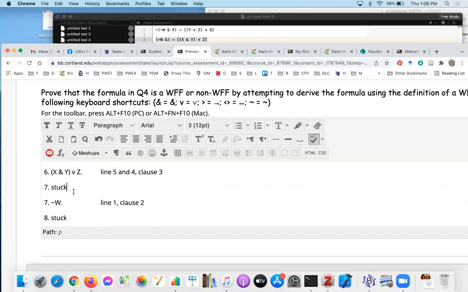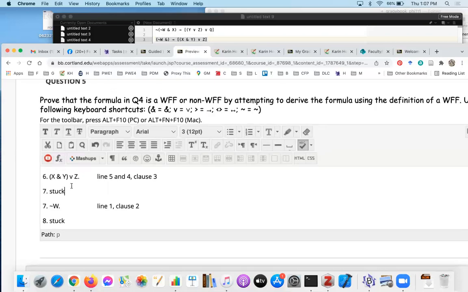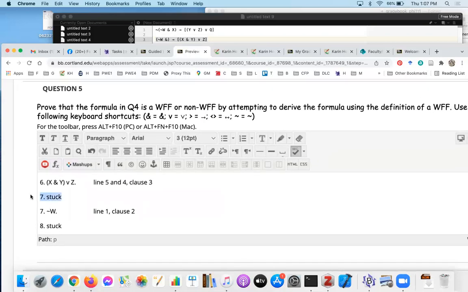I would say, no, you're not, because not W ampersand is a problem, but there's nothing wrong with not W, right? That's a well-formed formula. So I want you to do all of the well-formed formulas that you can, obviously that are relevant. We could do well-formed formulas till the cows came home, but they wouldn't be relevant to the formula that we're trying to build.